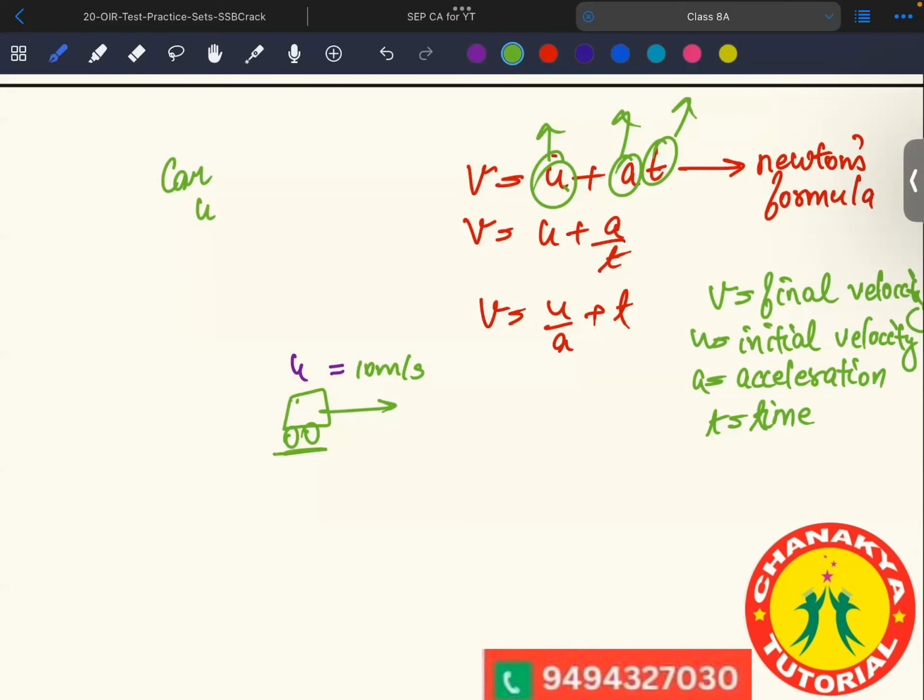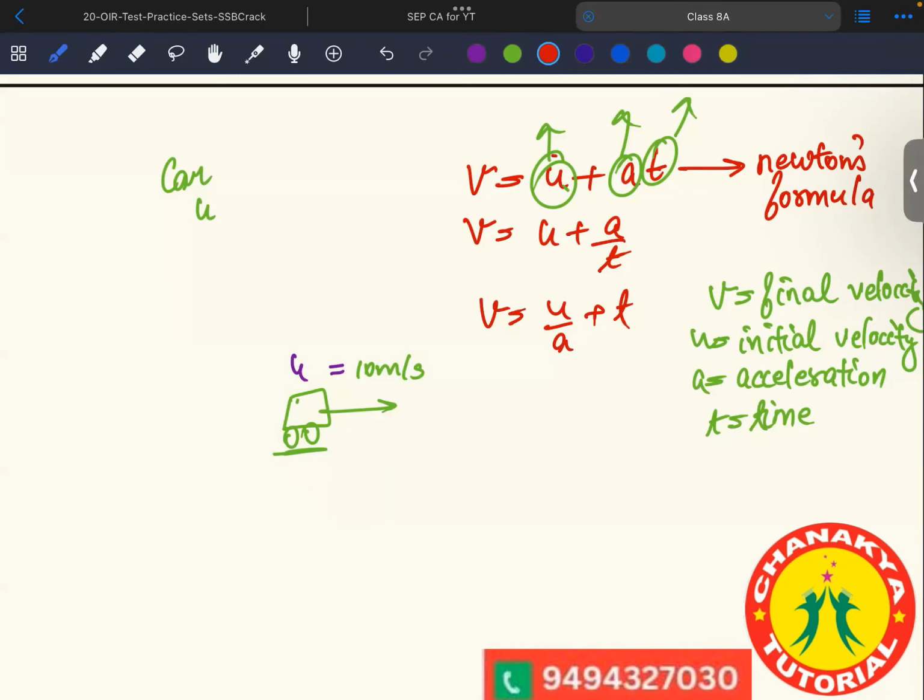Got it? Now what I'm doing, I'm accelerating this car. Do you know how you increase acceleration in a car? By applying more force. Or if you have seen your parents driving a car, what they do is step on the accelerator.